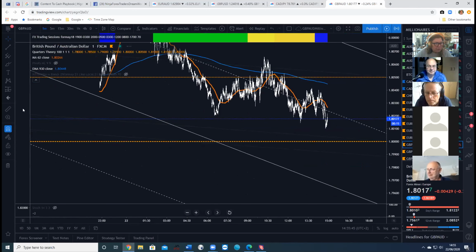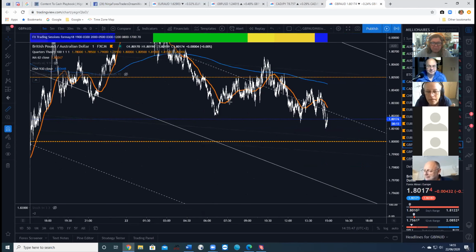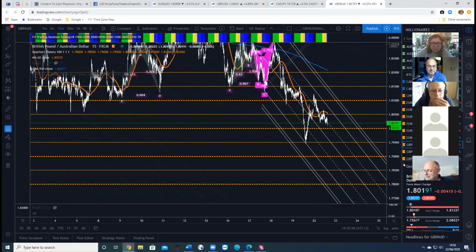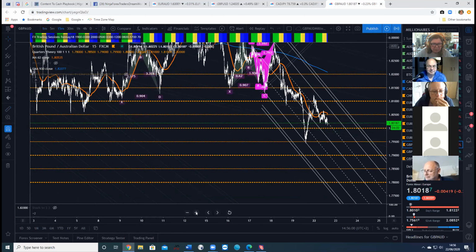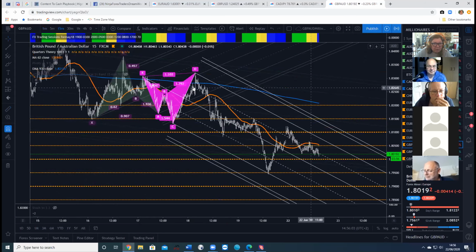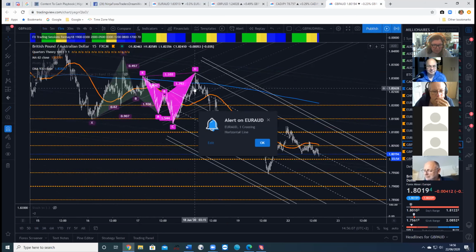This pitchfork is 53, and this was another new one, I think. That's from, oh, 18th of June.